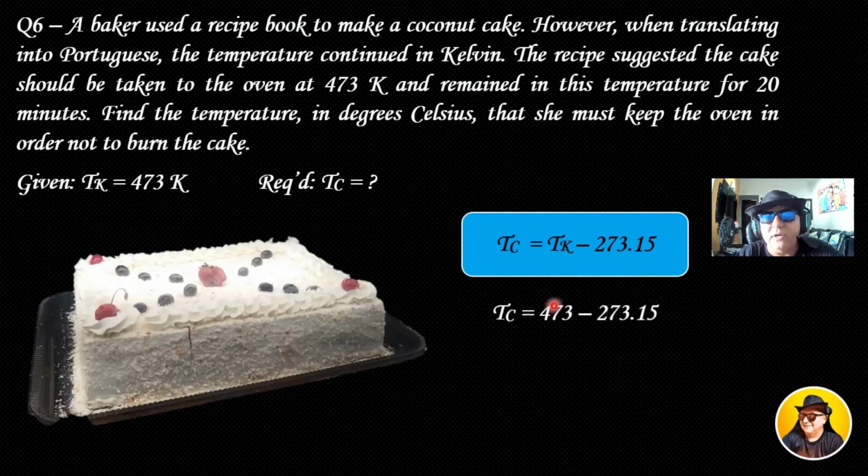So here, 473 minus 273.15. So doing this subtraction, we have that TC is 199.85 degrees Celsius. So it is the same temperature as 473 Kelvin, okay? They were only measured in different scales.